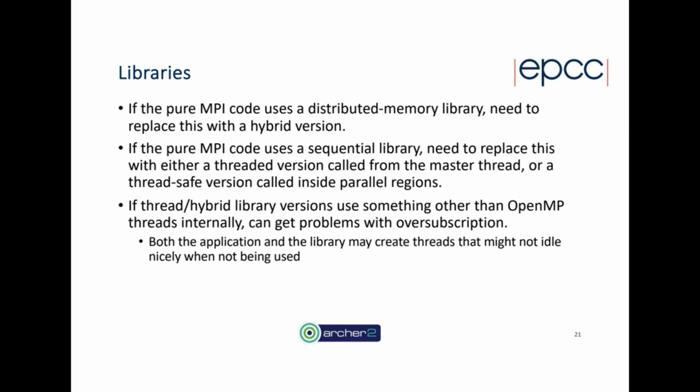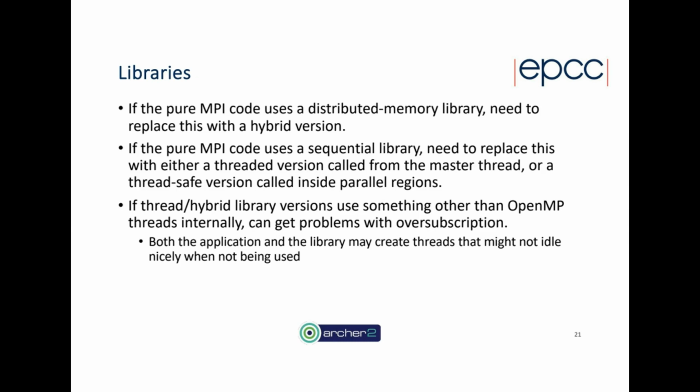The other problem that you can run into is that threaded or hybrid library versions, if they're based on something other than OpenMP threads internally, can in some cases run into problems with oversubscription.